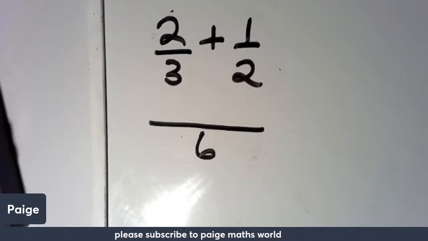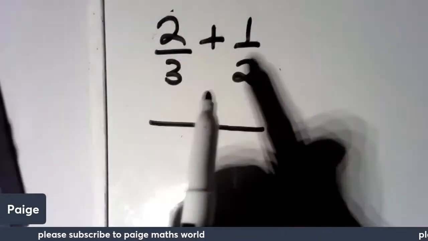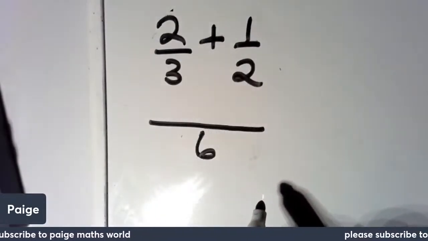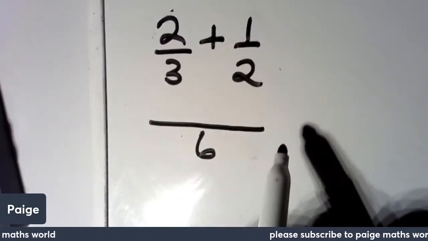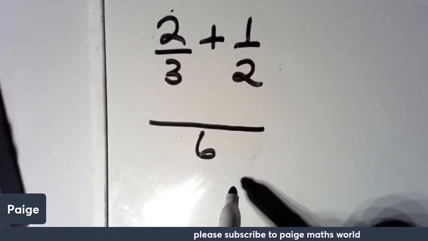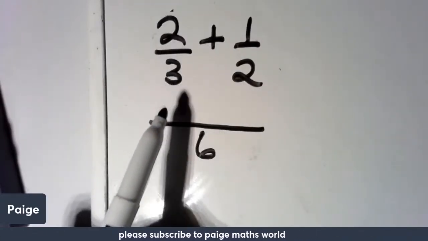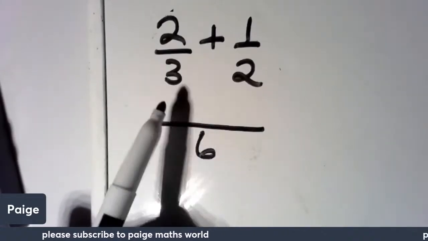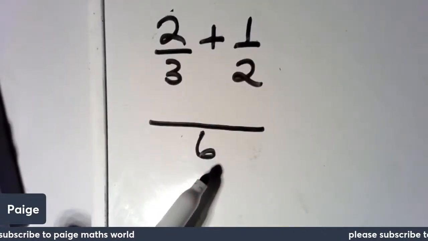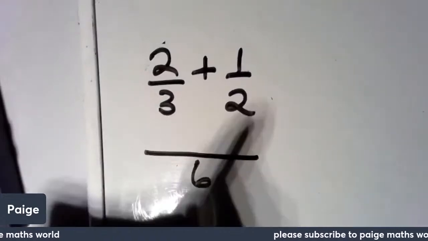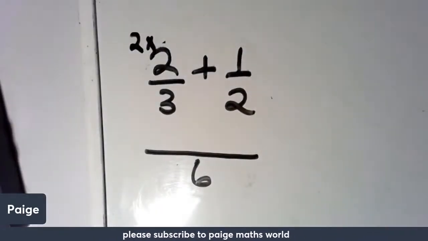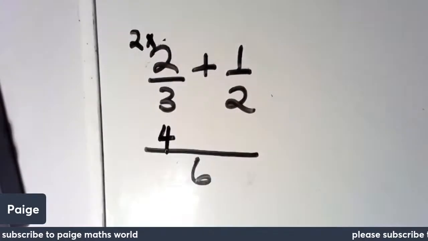All right, if we have two different denominators, you have to find the LCM for 3 and 2. The lowest common multiple would be 6. So you divide 3 into 6. How many times can 3 go into 6? We all know that is 2. So we take that 2 and multiply it by our numerator, so 2 times 2, which is 4.